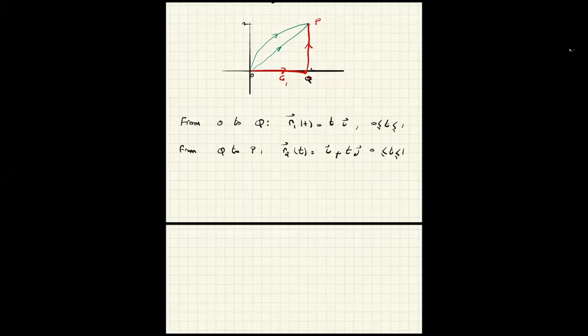Hence, on OQ, R prime of t is equal to I, and on QP, R prime of t is equal to j.